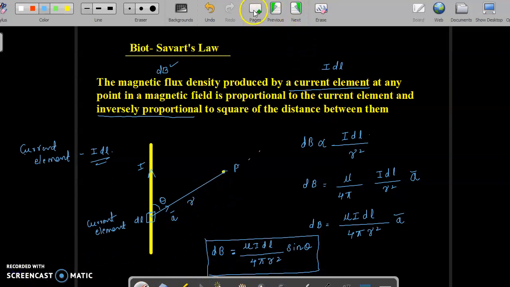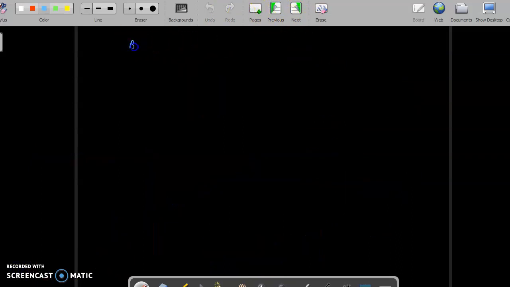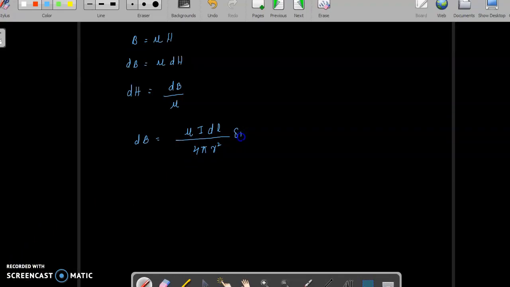We studied the relation between B and H. B is mu H. If it is a small flux density dB, then it is mu dH. Then dH is dB by mu. And here dB is mu I dl over 4 pi r square, sine theta.